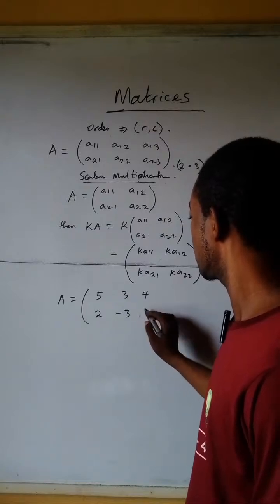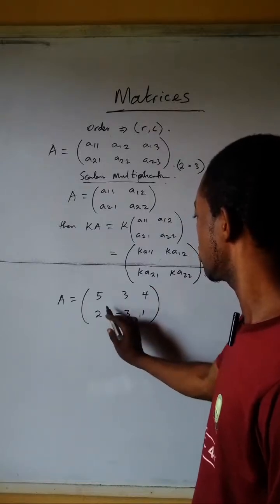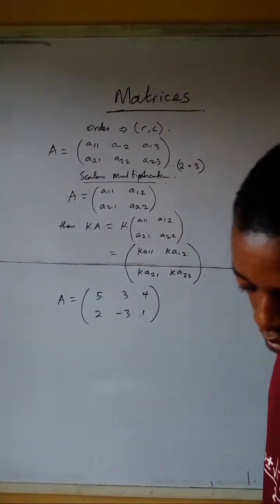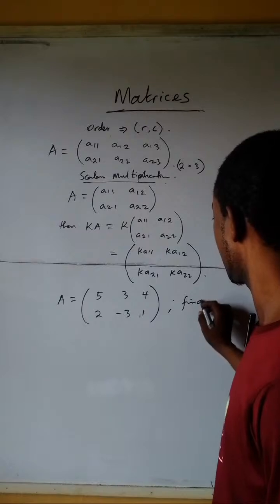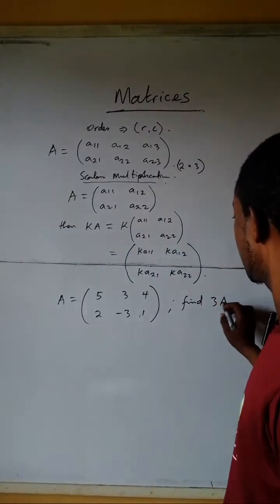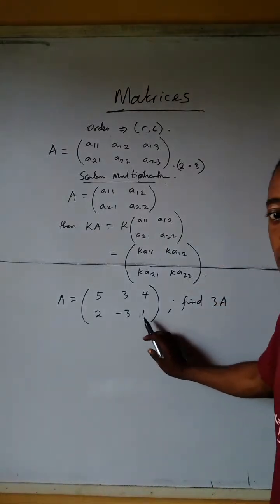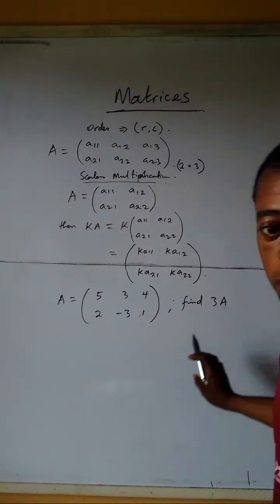This is a 2 by 3 matrix, and we are asked to find 3A from here. That is, we are multiplying this matrix A by 3.